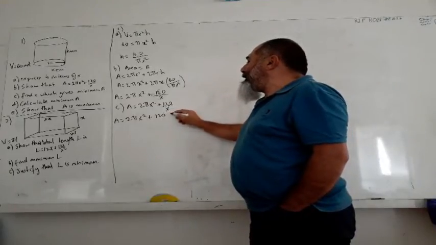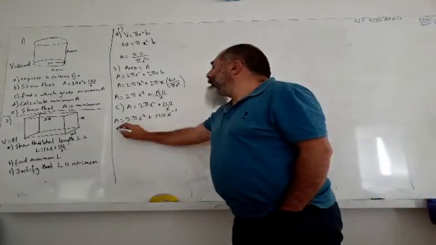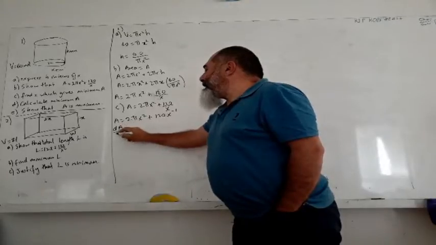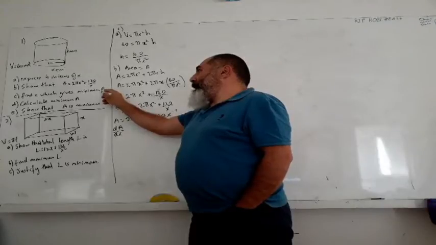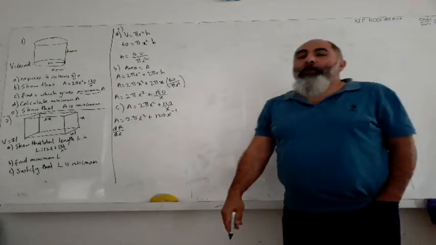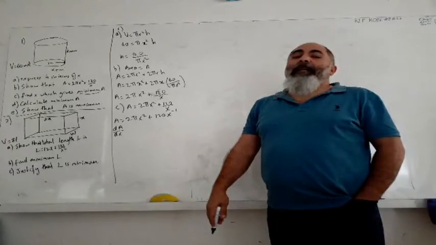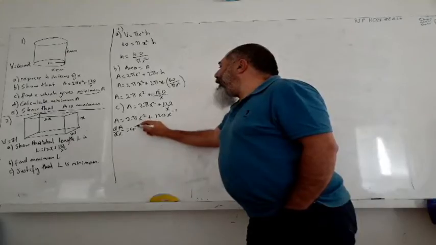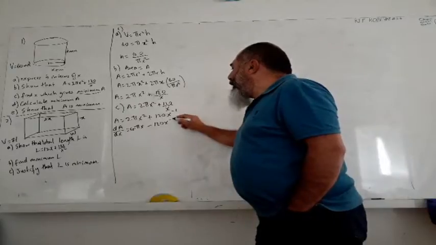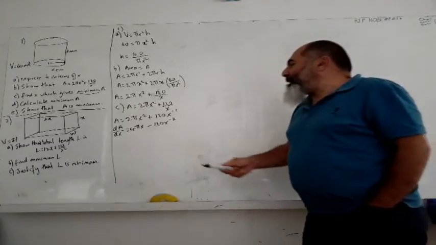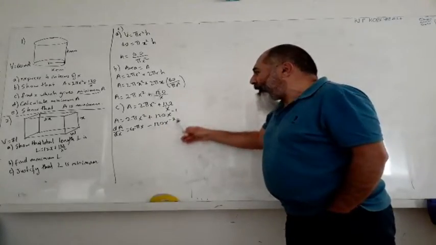Now let's differentiate. Why did we differentiate? Because it said in the question, find the minimum. If it says the minimum, the first step is to differentiate, then equate to 0. So dA over dx is 4 pi x minus 120 x to the power of minus 2. What is the basic rule of differentiation? Multiply with the power, subtract 1 from the power.